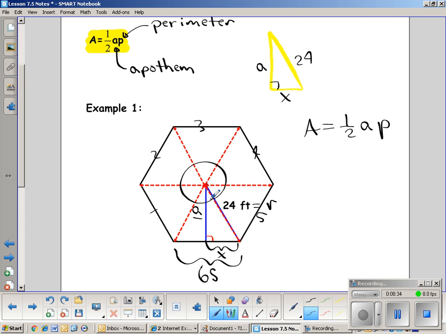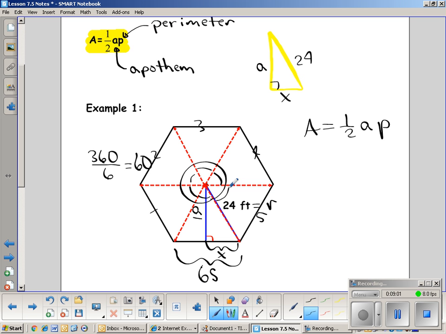Well, how many degrees are in this circle I drew there? 360. And so if I take 360 and divide it by 6, I get 60. So that means each of these angles are 60 degrees. Anybody disagree with that? Anybody confused on what I'm saying?